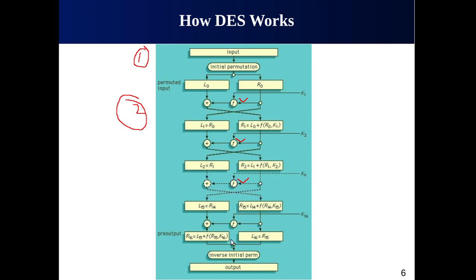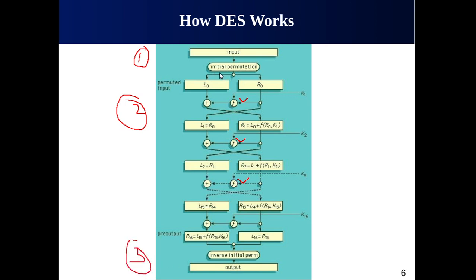If you give attention to the final round number 16, the output of the last round will contain 64 bits as well. And that is made an input to another function, and that is the inverse permutation. This is the third phase.